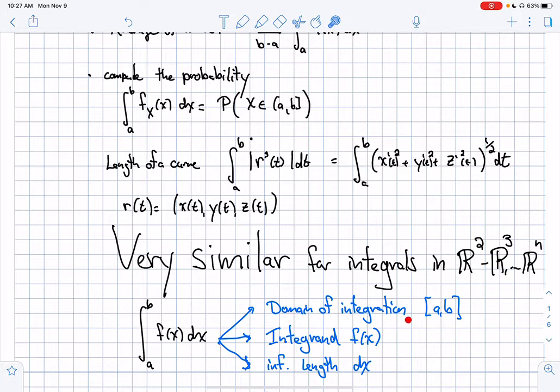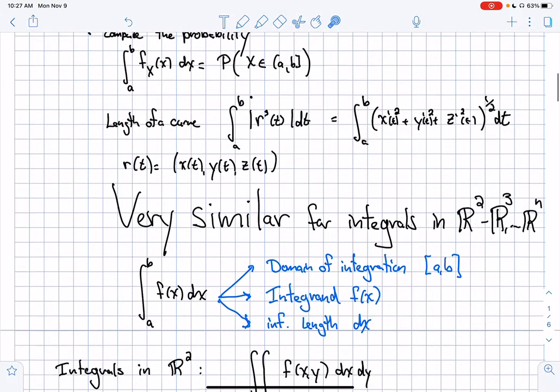First, the domain of integration, which is the interval ab. Second, what you integrate, which is the function f. And third, very important, and we tend to forget about this, we have this element of length, dx, which represents a very small length, the variable of integration.